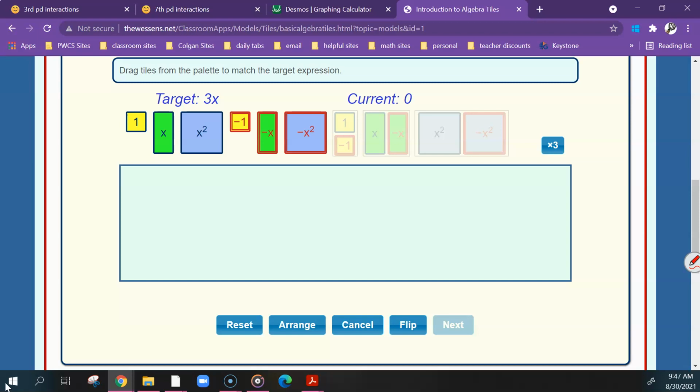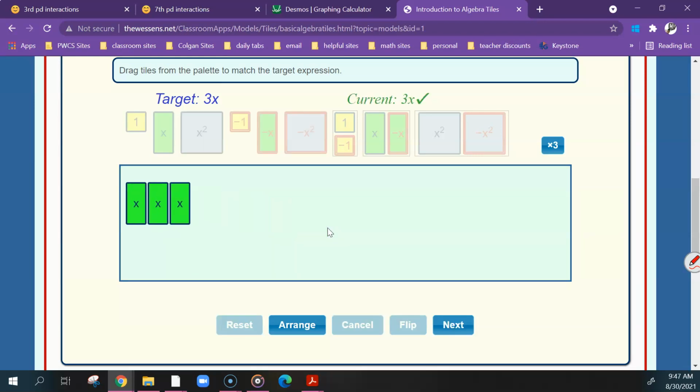Anything in red is negative, so it's the same thing, but these are negative. So if we were trying to model 3x, how would we do that? Sabina? Three of the green rectangles.